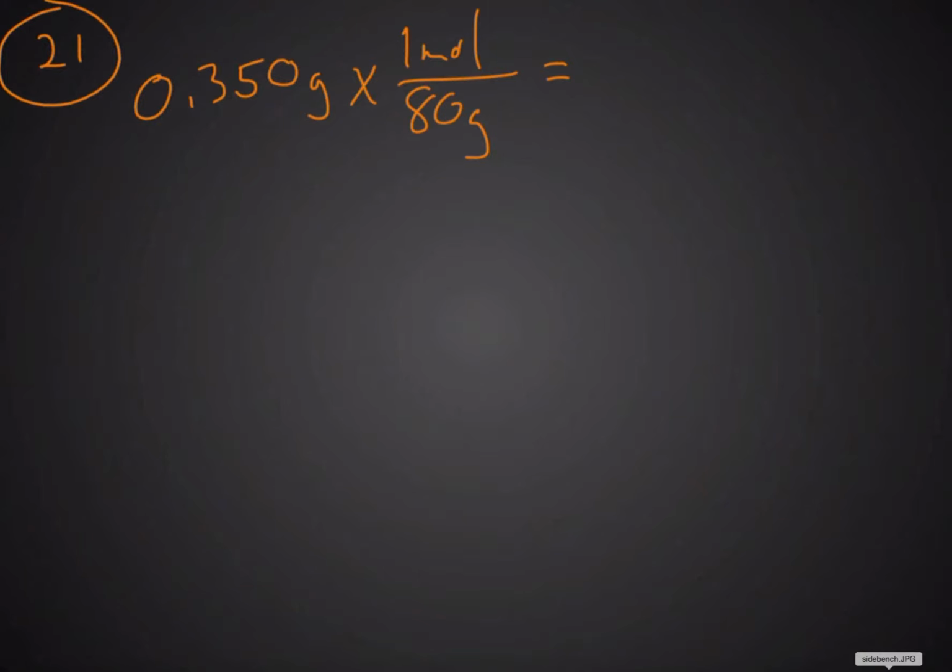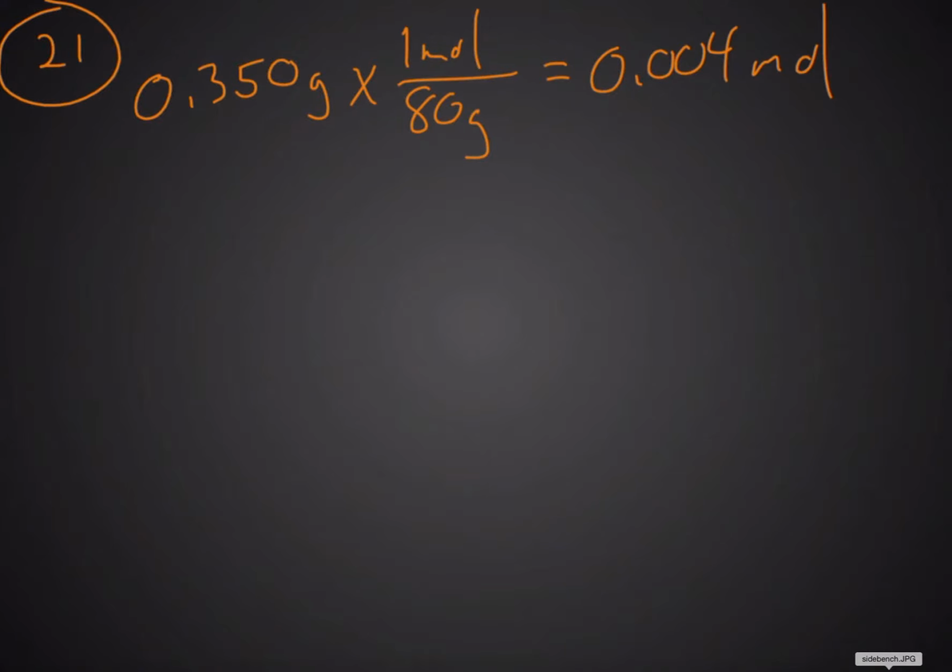So again, the concentration is in moles, not grams. So first thing we have to do is figure out 0.350 grams is how many moles. Well, to do that, 1 mole is 80 grams. And when you divide those, you get 0.004 moles.